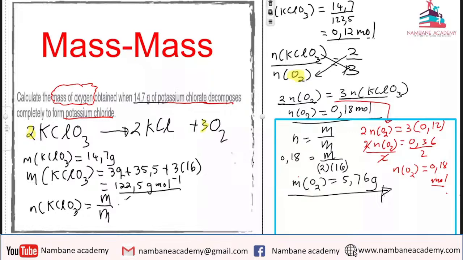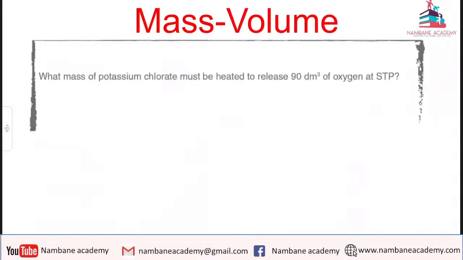And immediately thereafter, introduce the concept of limiting reactant. But now I am going to give you this mass volume as part of the activity for tomorrow. So this will be your homework. Kindly send it before 11 a.m. tomorrow. But I will write also in our group.